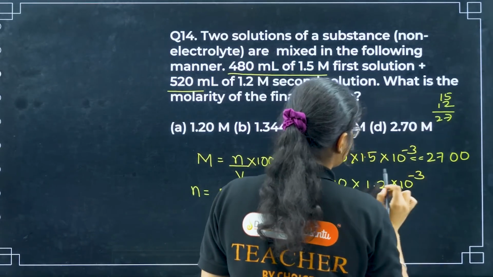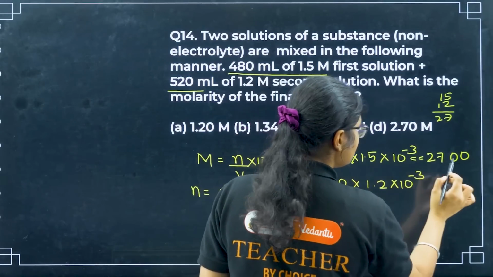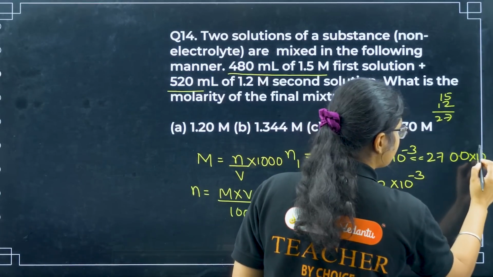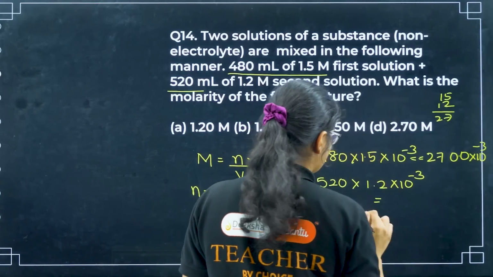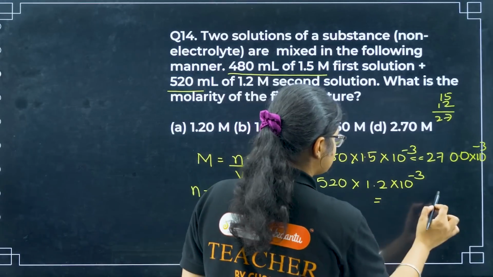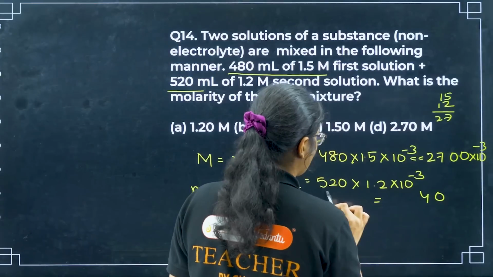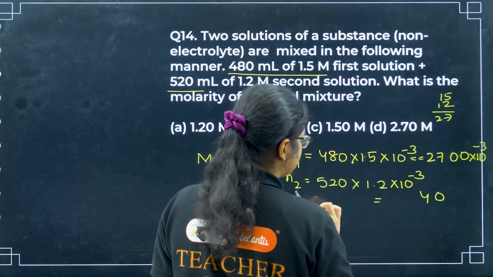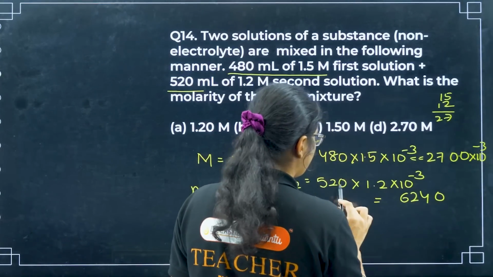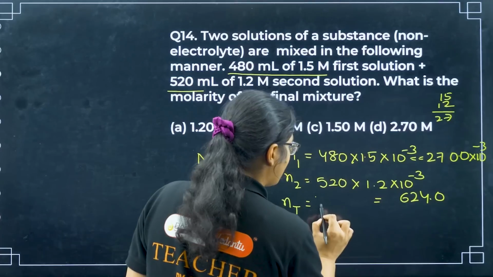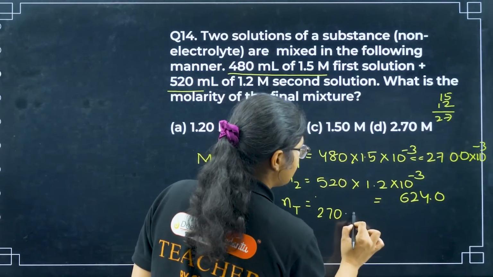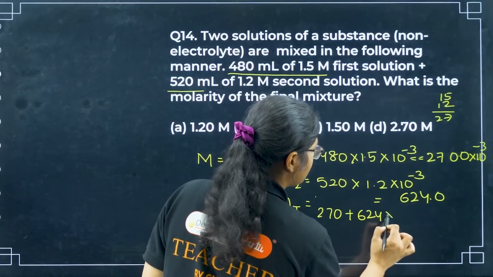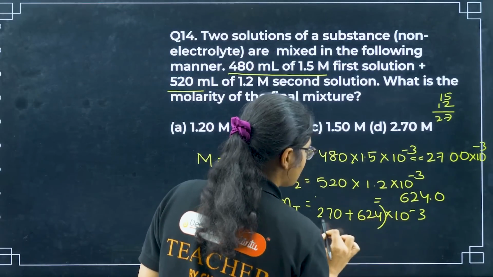So I got 270 into 10 to the power of minus 3. Here I will get what? I will just multiply 12 zeros are 0, 12 2s are 24, 2 carried, 12 5s are 60 plus 2, 62. Again I will have one decimal. So I have here n total 270 plus 624 into 10 to the power of minus 3, right?